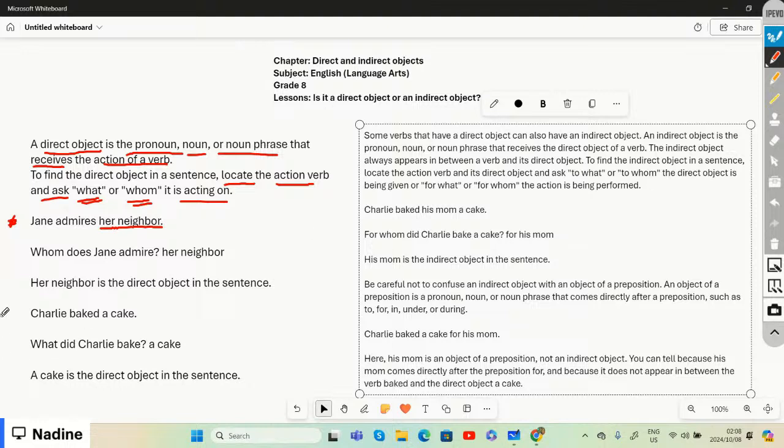If we look at the next one, it says, Charlie baked a cake. So now the question is, what did Charlie bake? He baked a cake. So a cake is our direct object in the sentence. It tells us what Charlie baked.